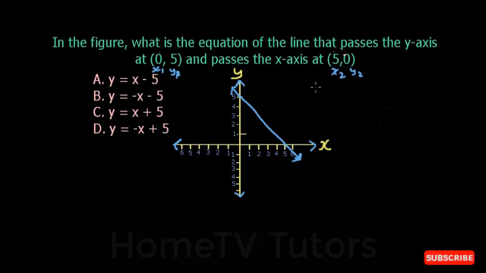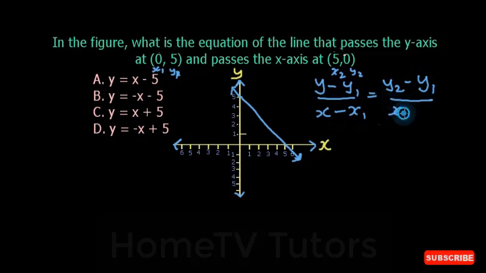Okay, so now we have (y minus y1) over (x minus x1) equals (y2 minus y1) over (x2 minus x1). So now we substitute these values for x1, x2, y1 and y2.